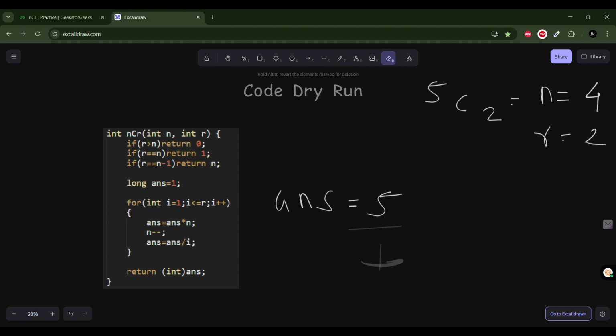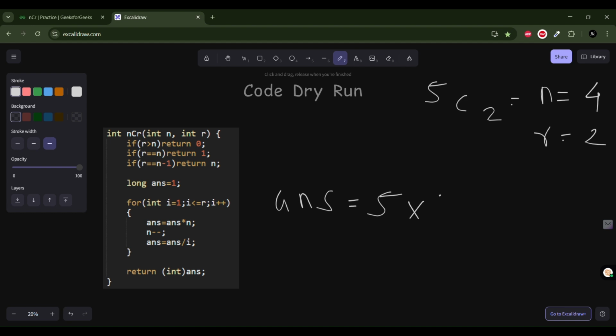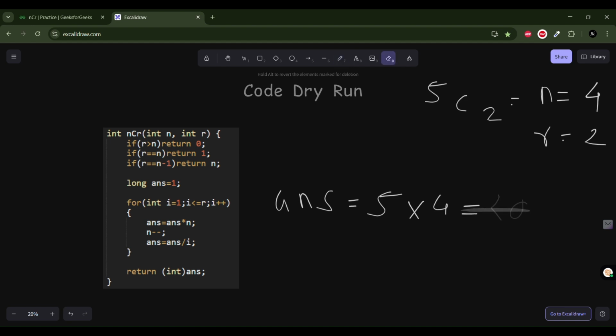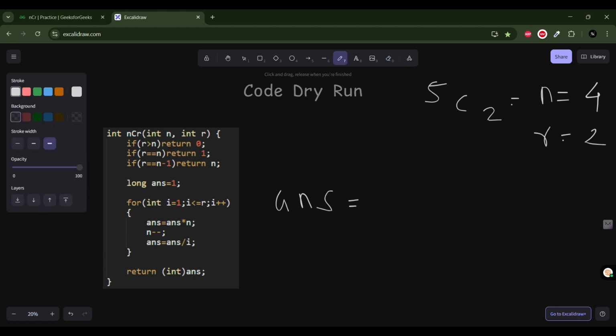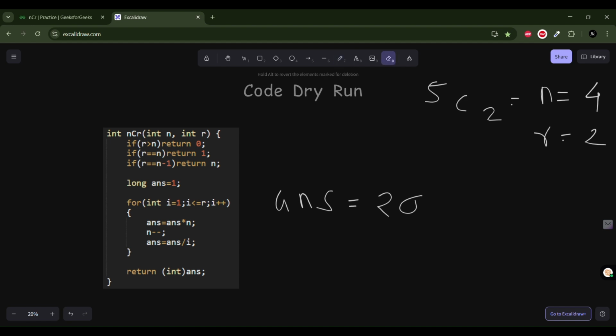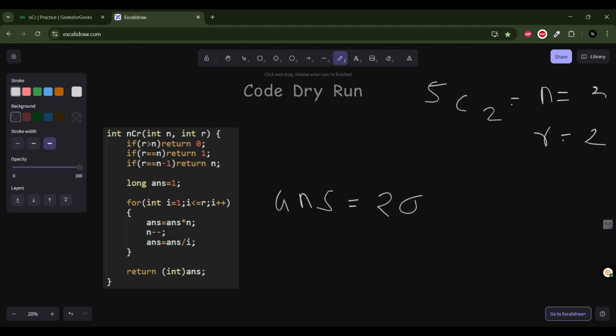Now i becomes 2. Answer is equal to answer into n. N is 4, so multiplying by 4, it becomes 20. Now decrementing n, it becomes 3.